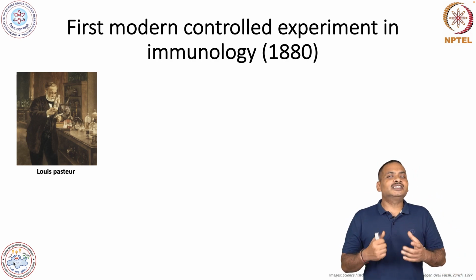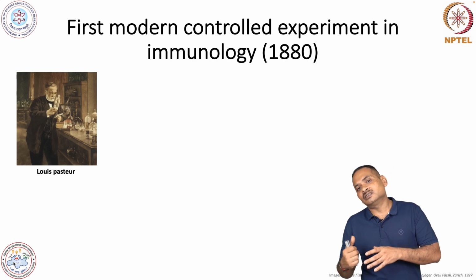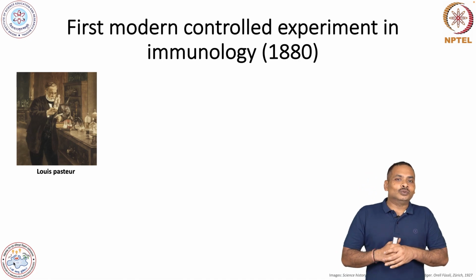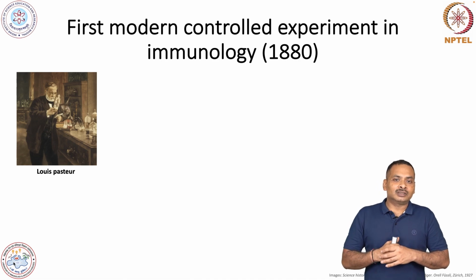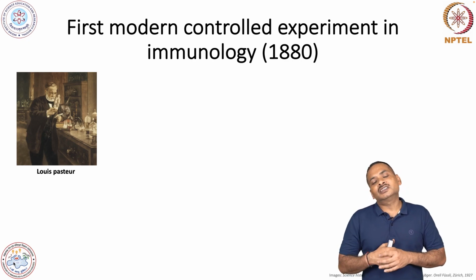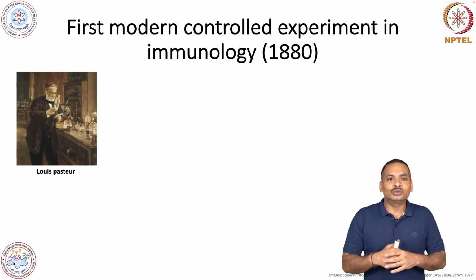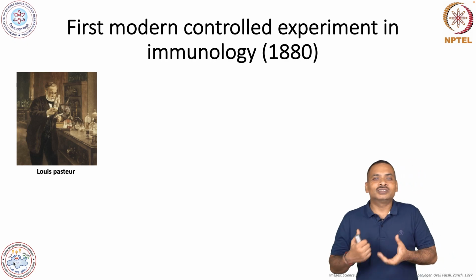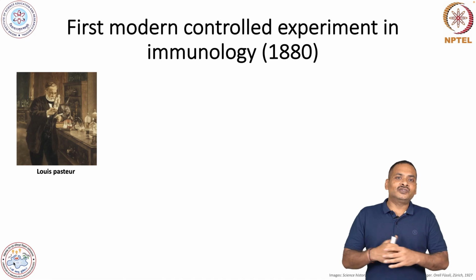When they infect the chicken, they cause diarrhea. So what he did, before going on vacation in summer, he forgot to keep some of his cultures at low temperature. There was no refrigerator. I am not aware how they were keeping them at a little low temperature. So he forgot and he left those flasks over the bench.